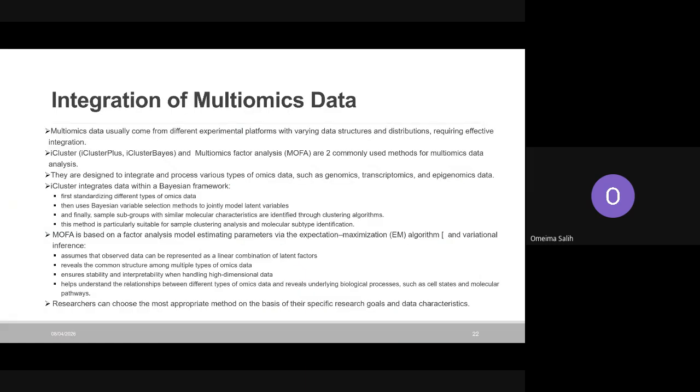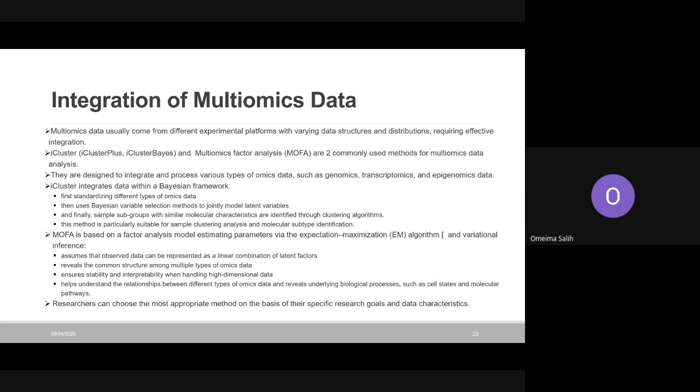Nowadays, the most popular integration tools are the multi-omics factor analysis, which is MOFA, and iCluster. These are widely used and widely tested. Each one has its input, and each one has its output.